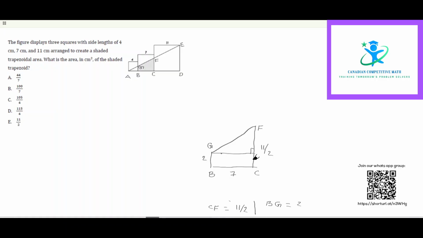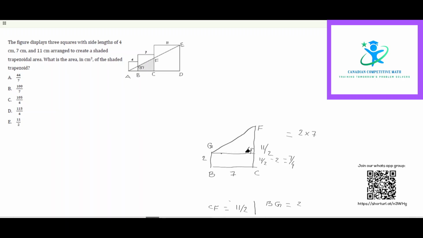Now you can see this bottom part is a rectangle. Since this is two units, the rectangle's area will be 2 times 7.